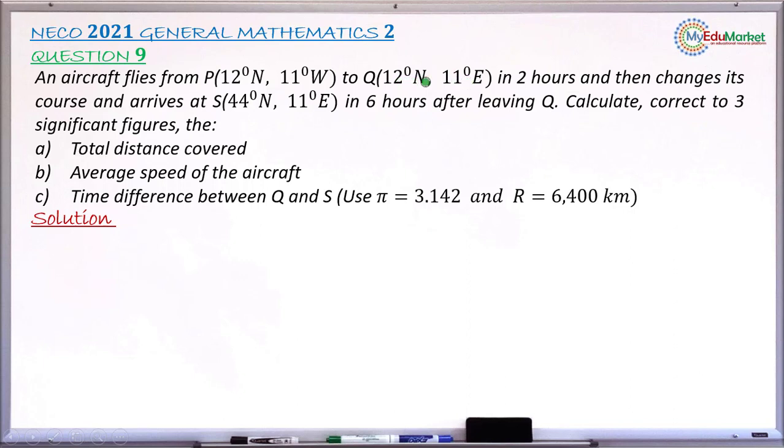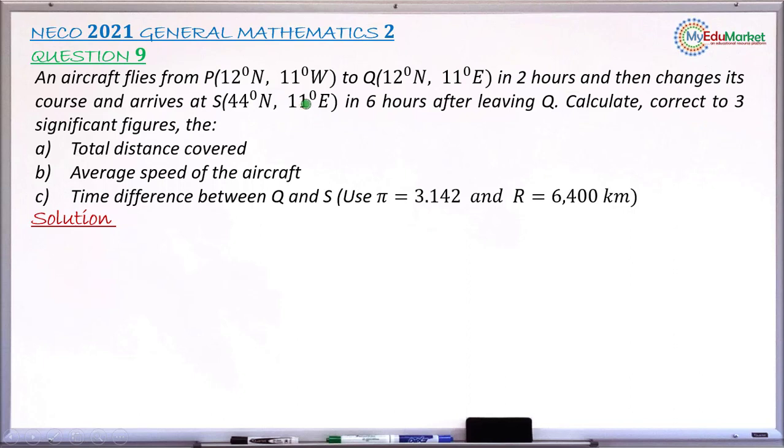You can see that P and Q share the same latitude, which means traveling from P to Q is traveling along the same latitude, 12 degrees north. But from Q to S, you can see that the longitude, 11 degrees east, is common. So from Q to S, the aircraft travels along the same longitude.